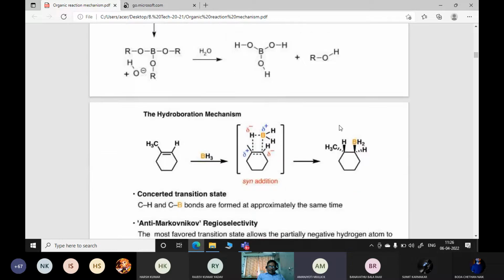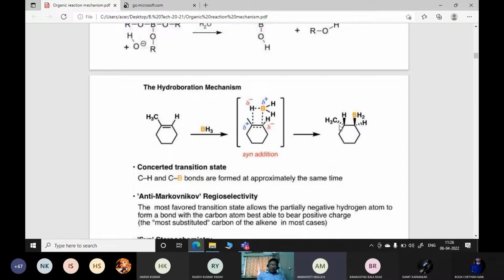Now the reaction mechanism that is shown, as I already told you, is the addition of the hydride as well as BH2 in a syn fashion. Syn means from the same face of the double bond, and this is the transition state.